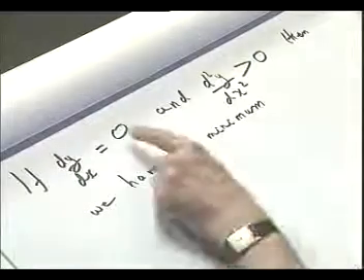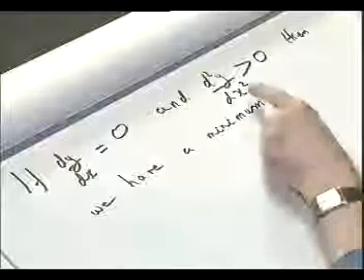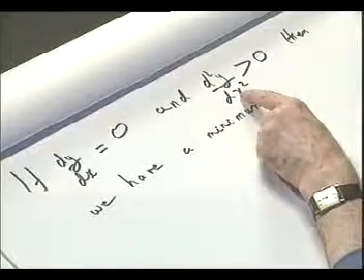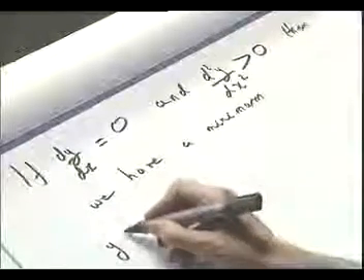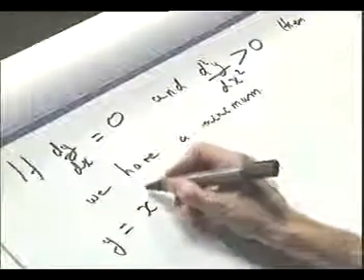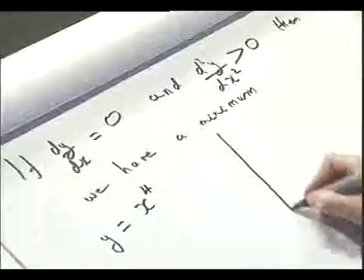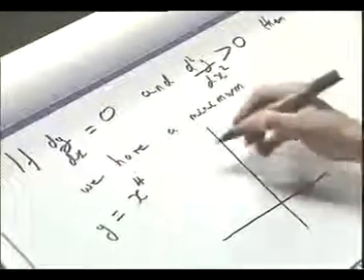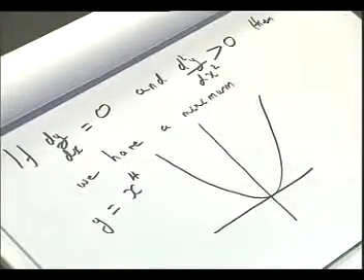But does it work the other way round? If we have a minimum, do these two both apply? Well, certainly that one does, that if we have a minimum, dy by dx will be 0, but not necessarily this one. Let's have a look at the curve y equals x to the 4th. If I sketch this curve, it looks like that.